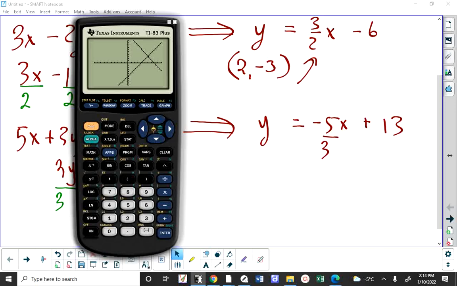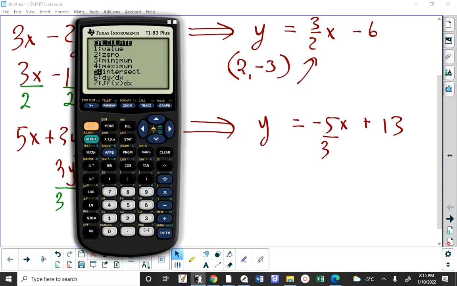Anybody remember how to find that point of intersection? On your graphing calculator, what do you do? Isaac? You go to second trace. Right. Second trace, you go into your calculate menu and intersect.